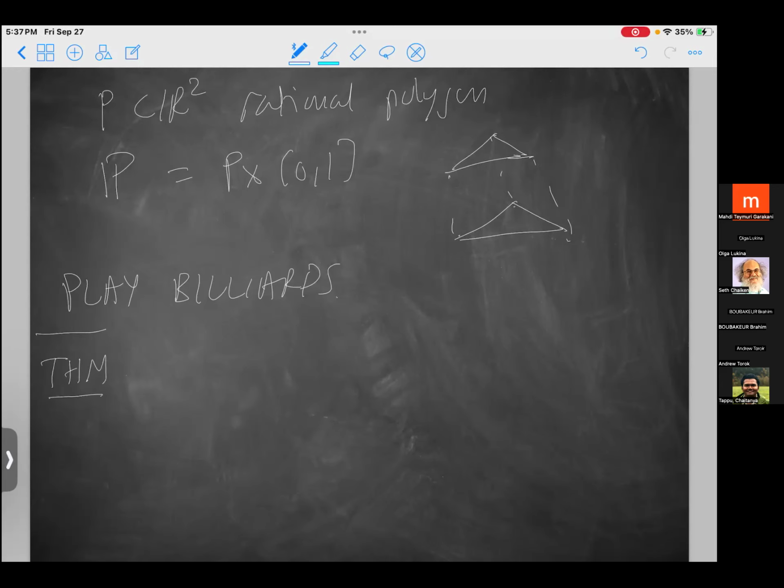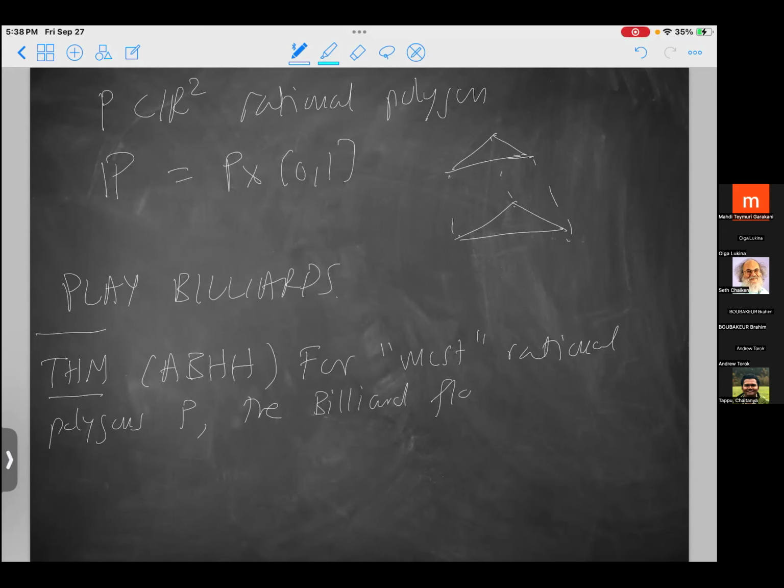So the first theorem, this is ABHH: myself, Nicolas Bedaride, Pat Hooper, and Pascal Hubert, says that for most rational polygons P, the billiard flow in the prism P is uniquely ergodic in almost every direction.